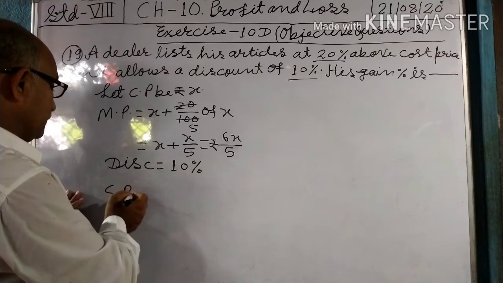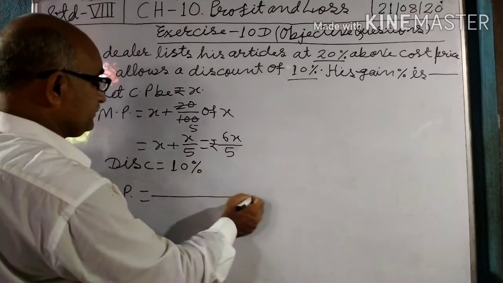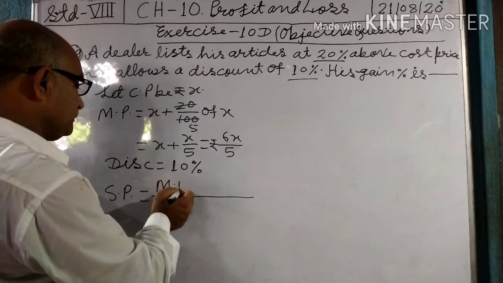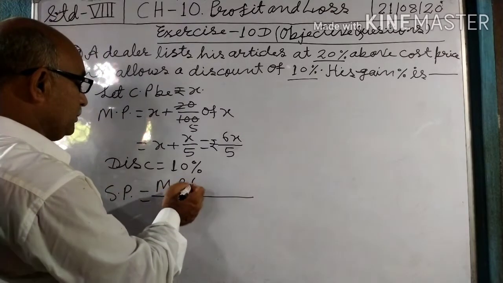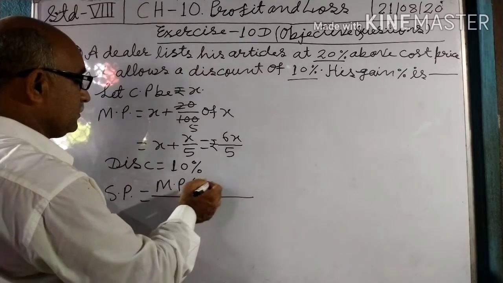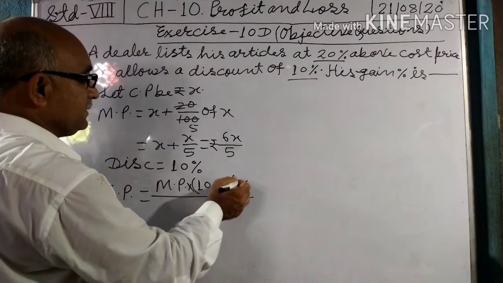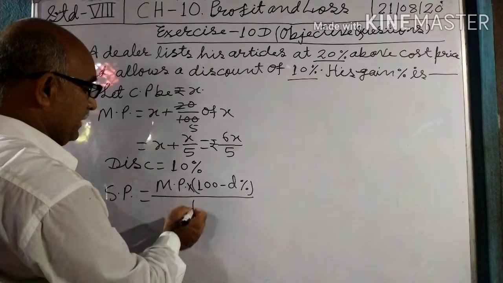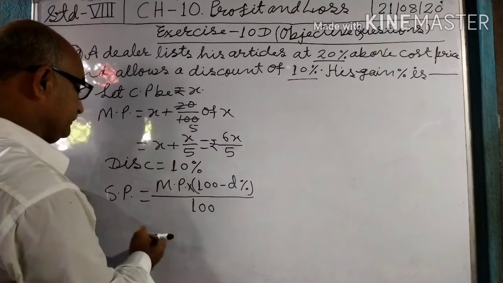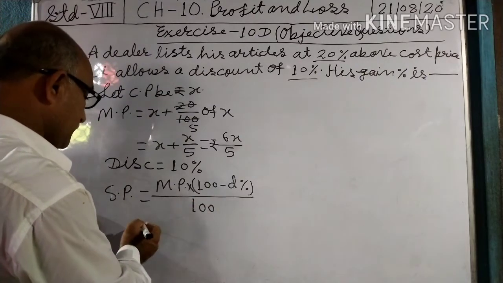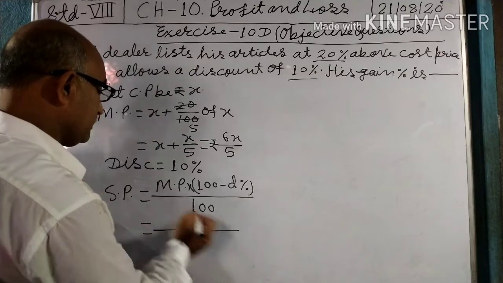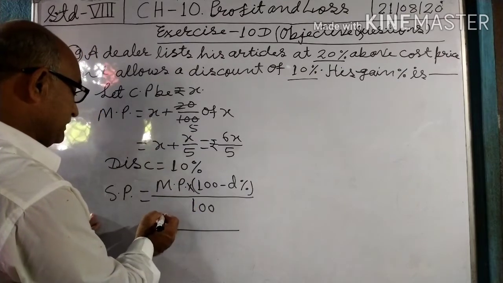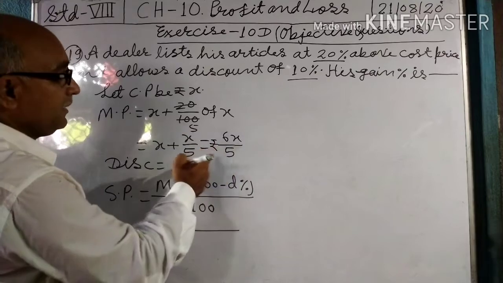So SP equal to MP into 100 minus discount percent by 100. MP is 6x by 5.